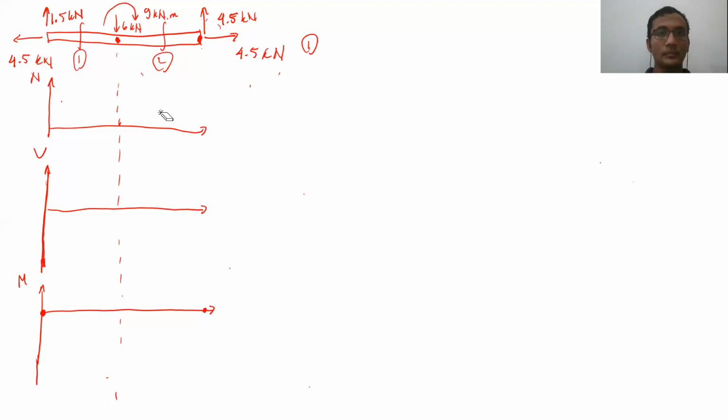Now, for the first cut, let's draw the free body diagram. This is the free body diagram of the first cut. We have 1.5 kilonewton going up and 4.5 kilonewton going to the left.